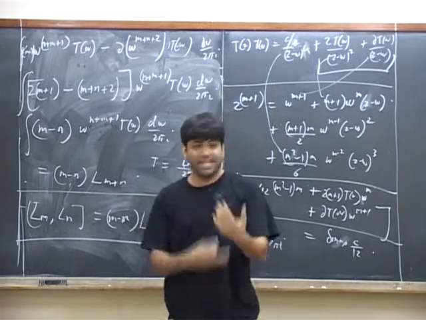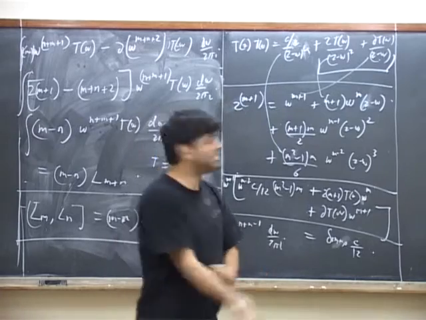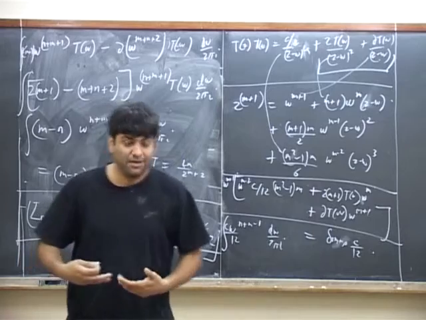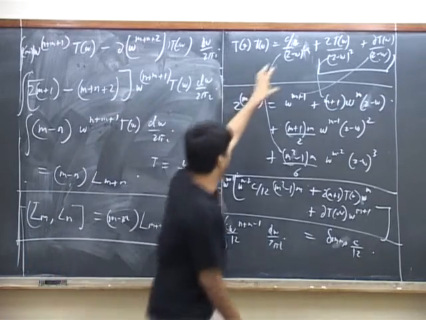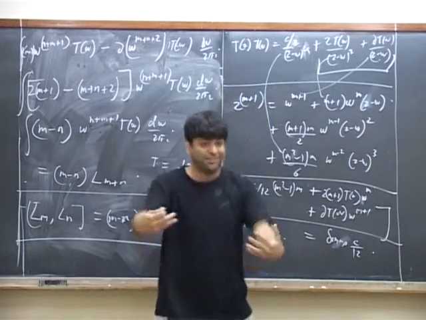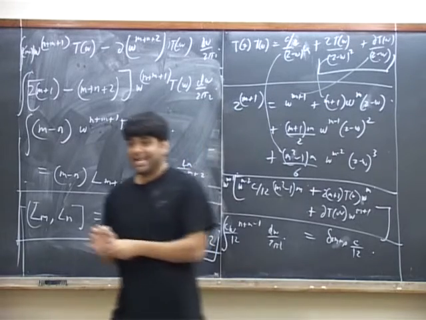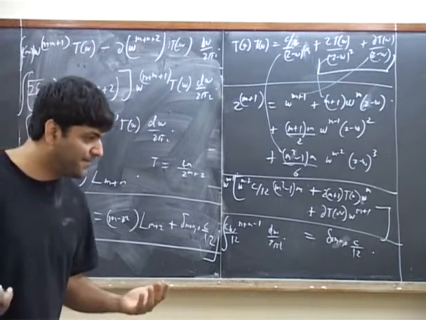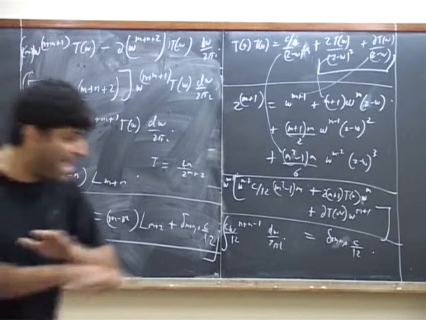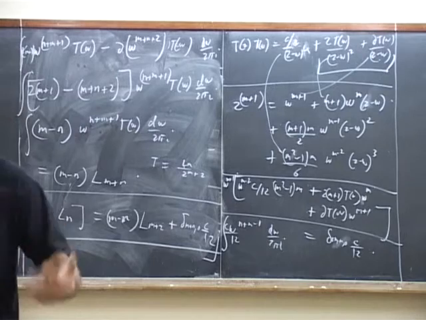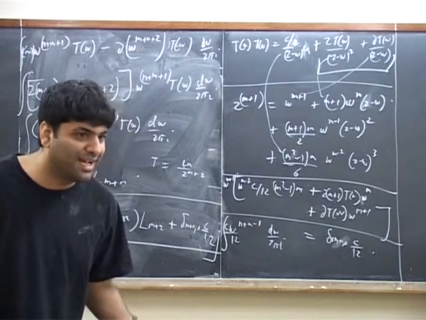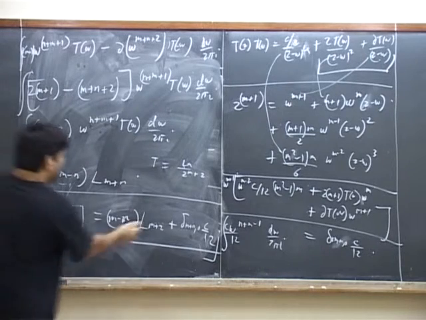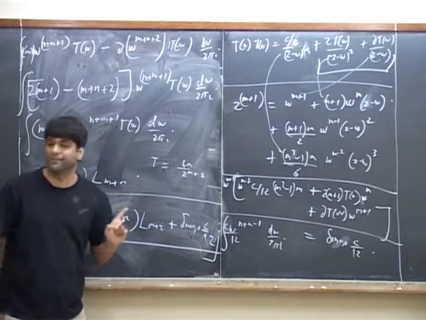If you just make a coordinate change, that's not how T transforms. So since this is related to how T transforms under a conformal transformation, this part is telling you how T transforms under a Weyl transformation. So what's happening here is that the Weyl transformation that is needed to put the theory back into a flat space metric is not acting trivially. And it's this additional bit that is giving us this additional term.